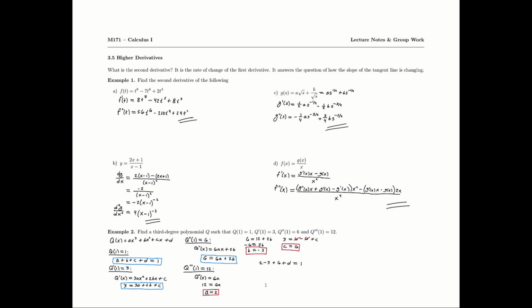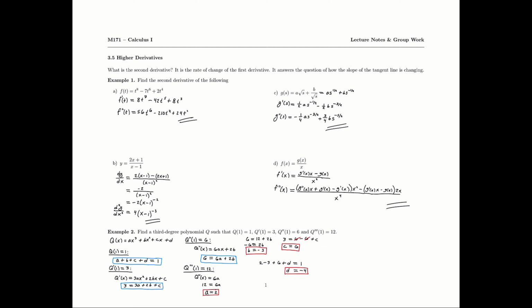So then we can go ahead and get d equals, this would be 3 plus 2 is 5, 1 minus 5 is -4. So d is -4.